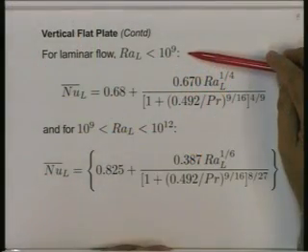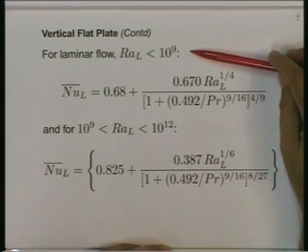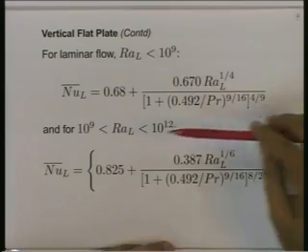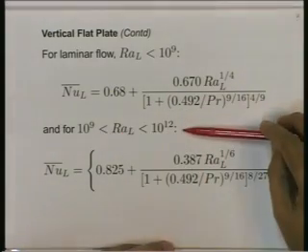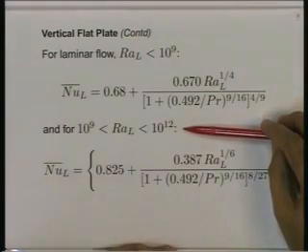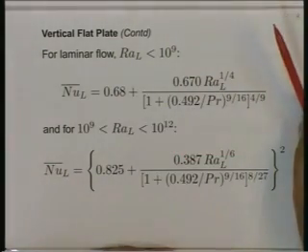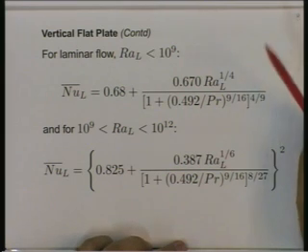One, Rayleigh number less than 10 raised to 9, when the whole of the boundary layer tends to be a laminar boundary layer, and another for Rayleigh number higher than 10 raised to 9 up to its limit of applicability, which is a Rayleigh number of 10 raised to 12. In this zone, the boundary layer tends to be turbulent at least over a major part of the length of the plate.